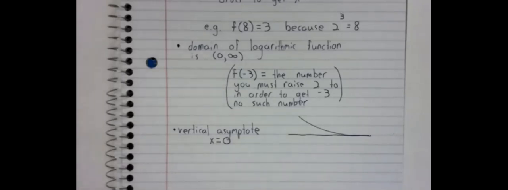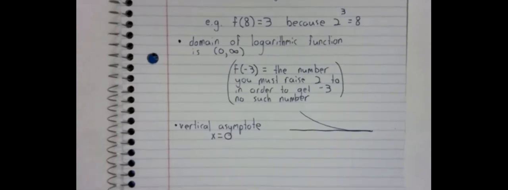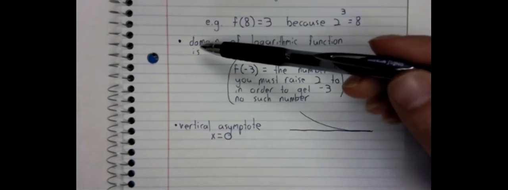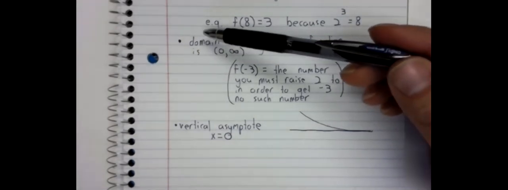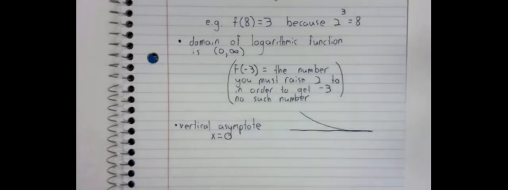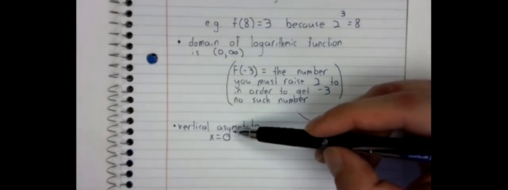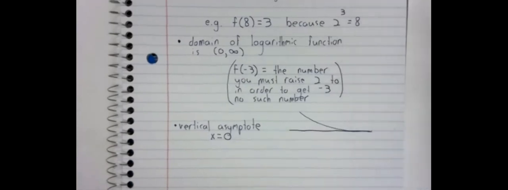What about the range of a logarithmic function? We talked about the domain. The next thing we talk about, you might think, ought to be the range. Instead, we talked about vertical asymptotes.